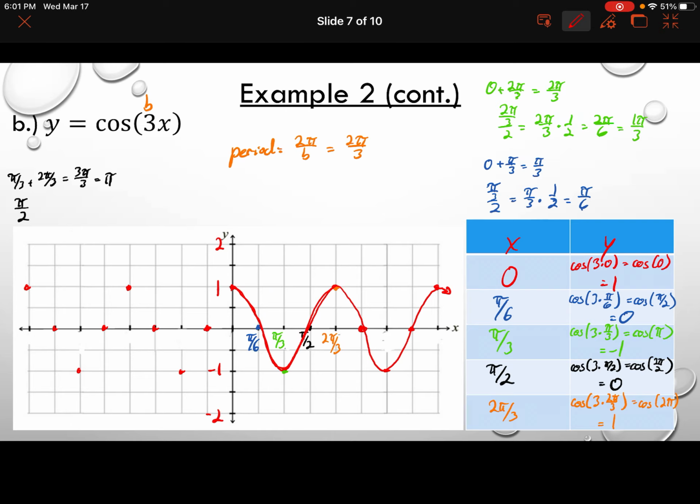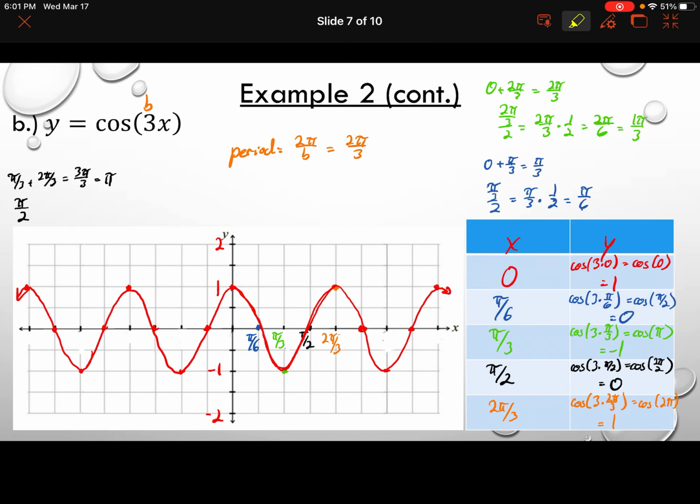You just keep on going. 0, 1, 0, -1, 0, 1, 0, -1. Just repeat that pattern as far as the graph can take you. Oh, man, that was a little bit messy. My finger slipped there. Yeah, so there you go.